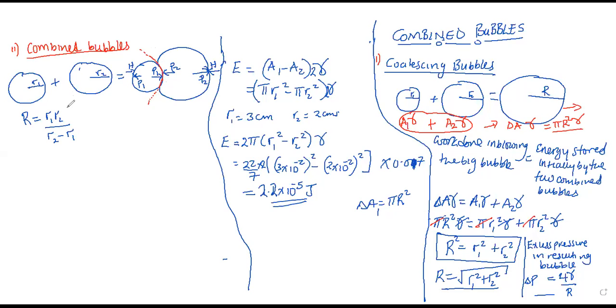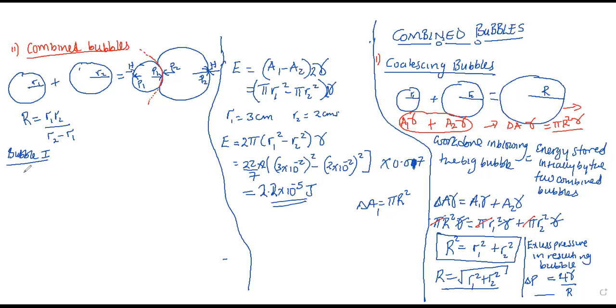Now, consider bubble 1. Here at the point of contact with bubble 2, firstly, the pressure inside seems to be greater than the atmospheric pressure because it is curving towards where the atmospheric pressure is.